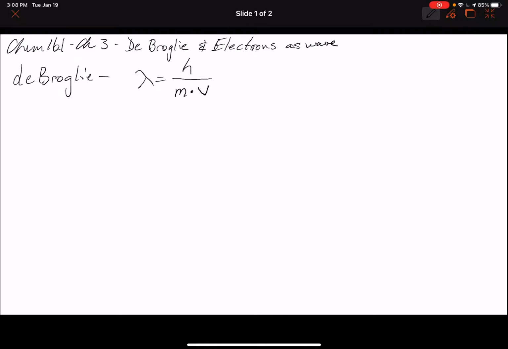So be very careful there. That's a v for speed or velocity, not what we've seen before for frequency. Okay. So we have here Planck's constant.